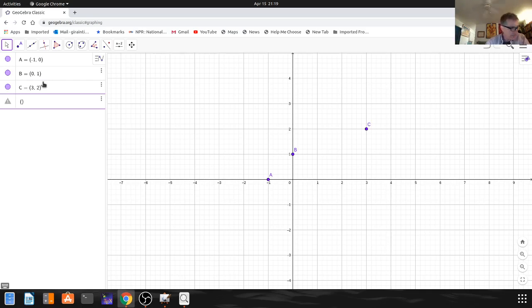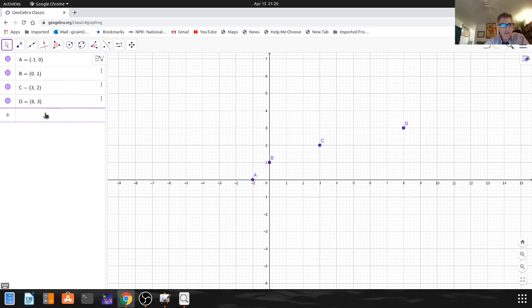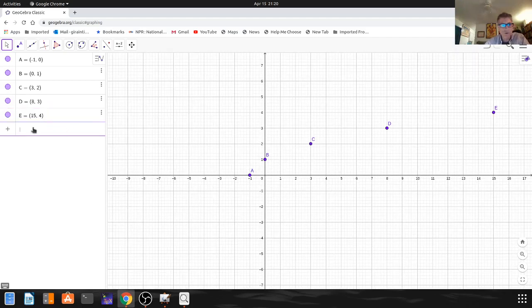My next point is 8, comma 3. There's that point. Let me scroll out some. My next point is 15, comma 4. And there that point is. One more. And we found one more, and that was 24, comma 5.